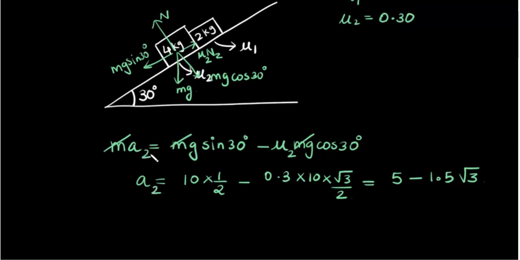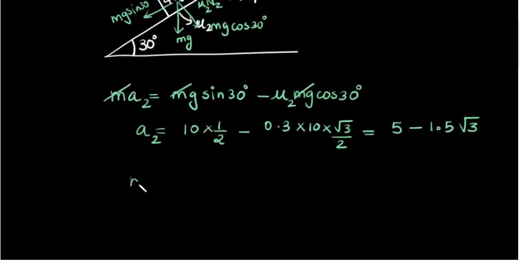So let me write it as A2, right? For A1, similarly, if we find the acceleration, what will it be? Same way we will apply M1 A1 is equal to M1 g sin 30 minus mu1 M1 g cos 30. This is the second block, by the way, so this is M2 and this one will be M1.